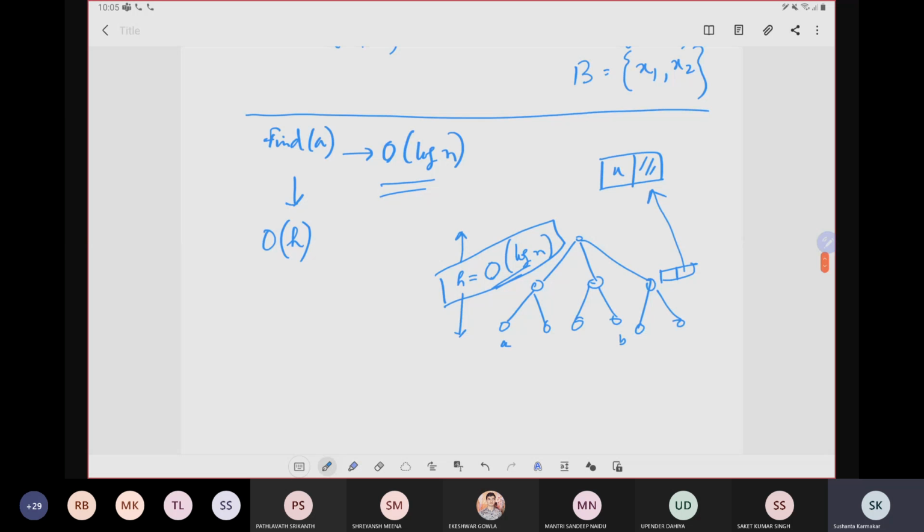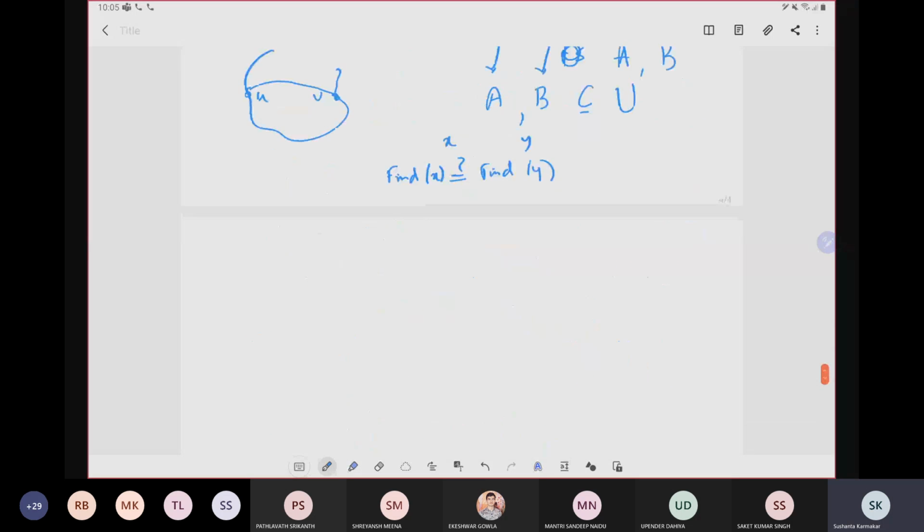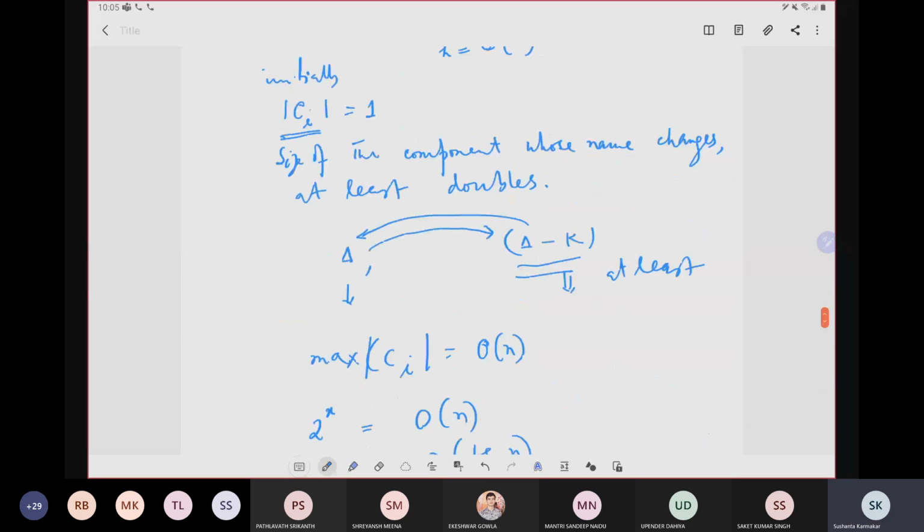So one thing we should add at this moment that will help you to understand the situation better. Let us now think about what happens in this linked list kind of implementation of union find.